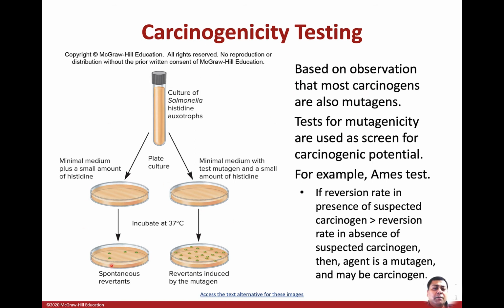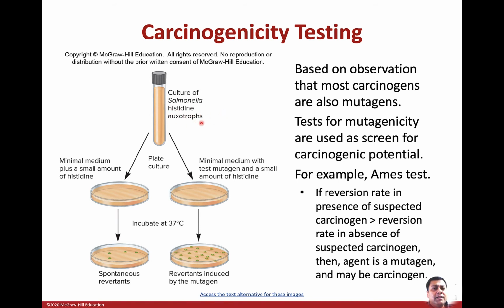So this process utilizes a technique which we call reversion of mutation. For this process, the particular organism that is used is Salmonella, and Salmonella typhimurium is the specific serovar that is used. This organism is an auxotroph for histidine, so it cannot grow in the absence of histidine.